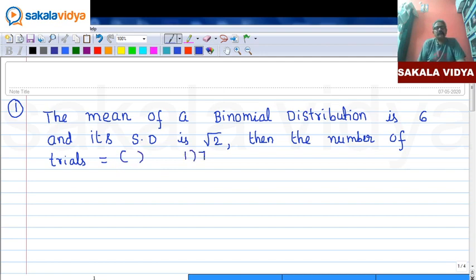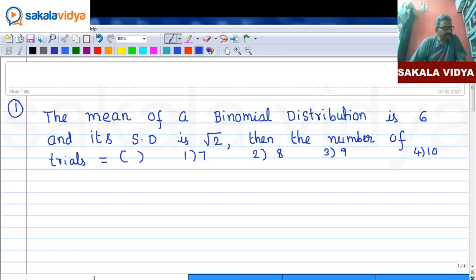First option 7, second option 8, third option 9, fourth option 10. Very simple questions may appear in the examination, don't worry.